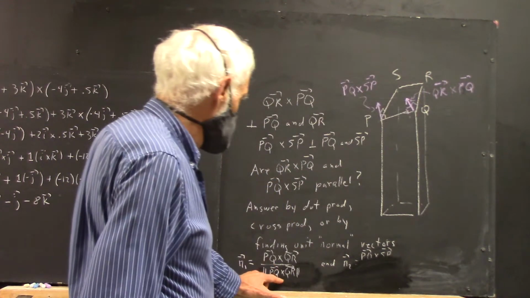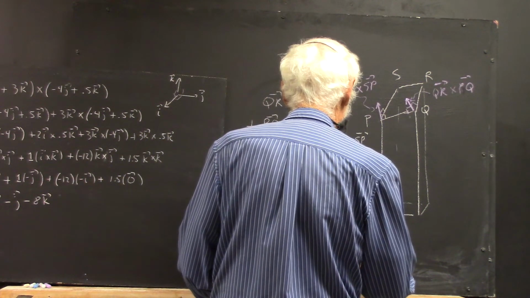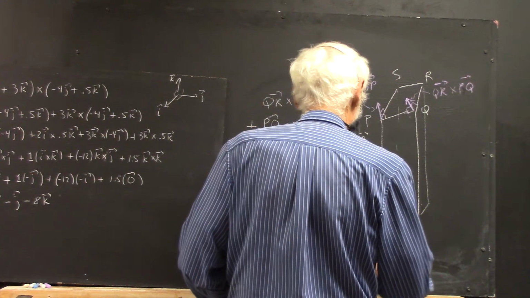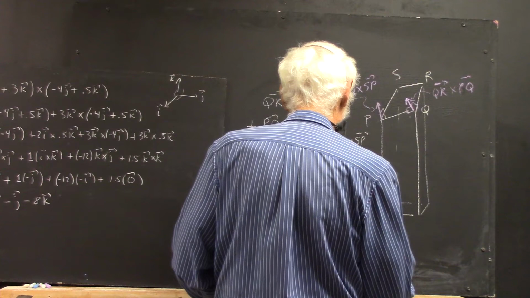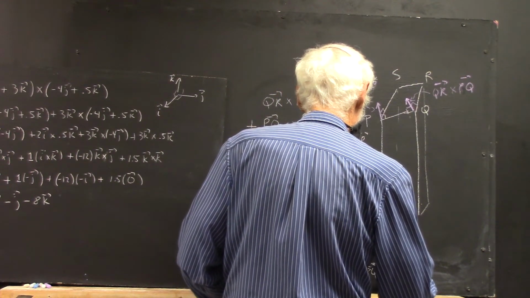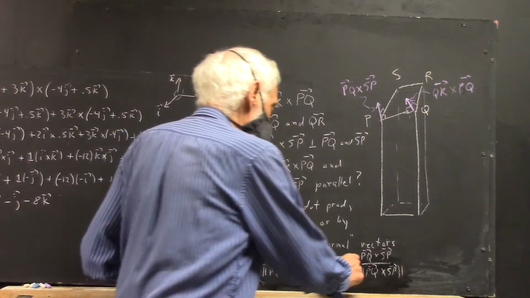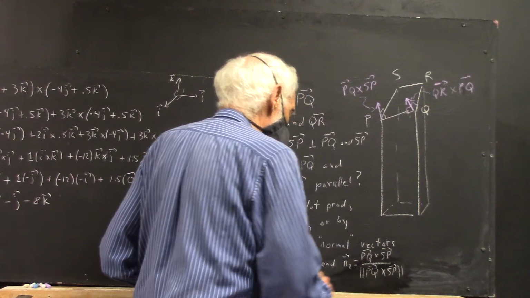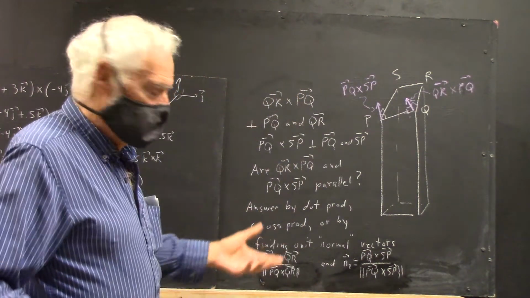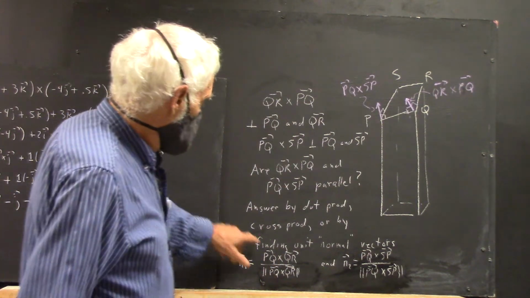Now if the angle of the vector itself is 90 degrees, it really doesn't matter. We're going to write it this way. Okay, so anyhow, that's a calculation.